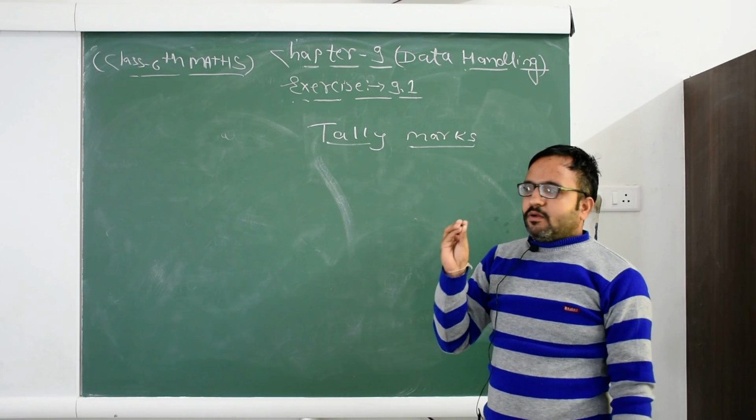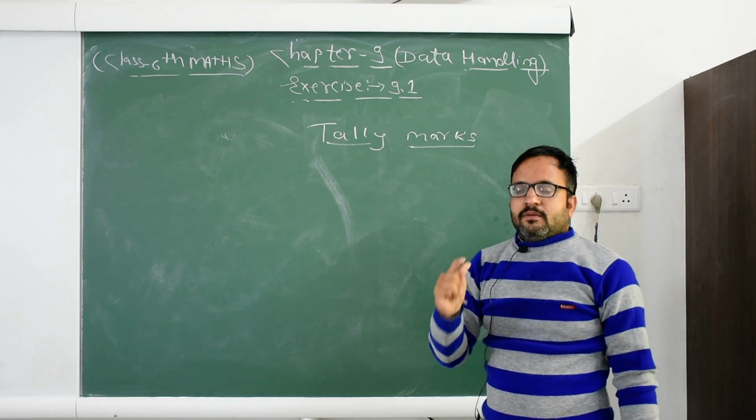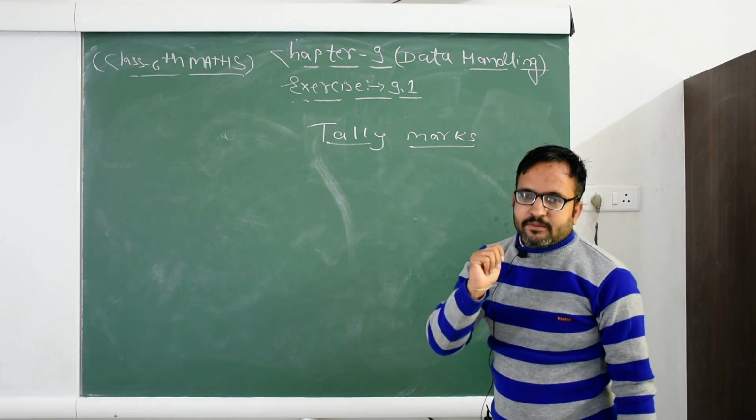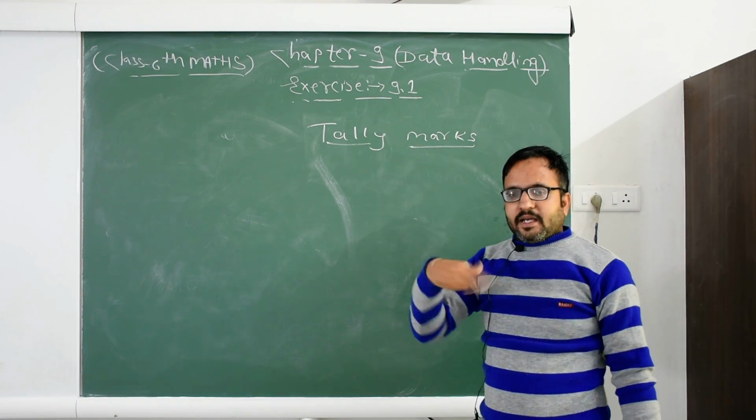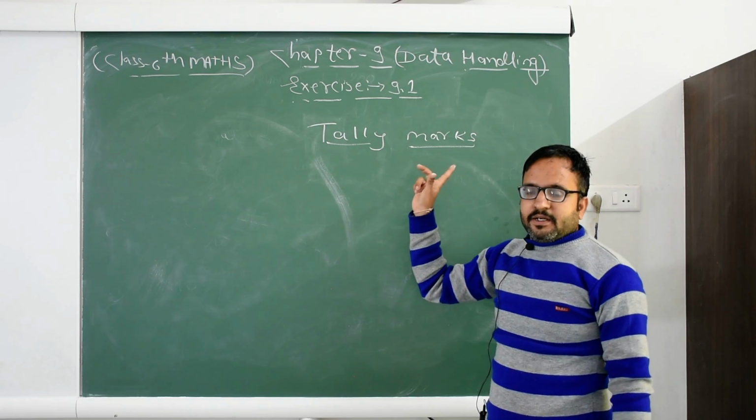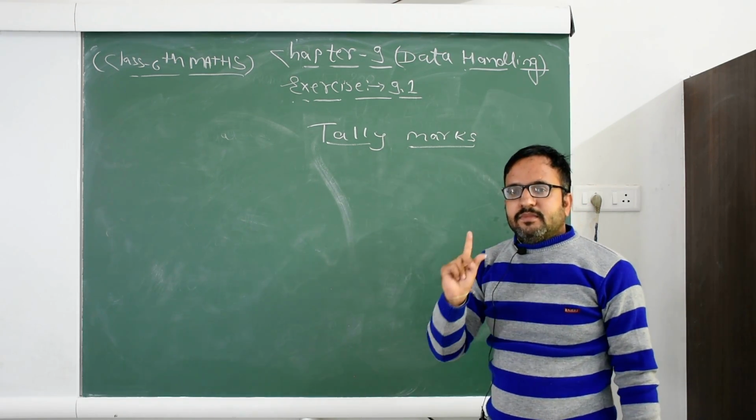Roman numeral is also a method of representing any type of number. Like this, telemarks is again a method of representing your numbers, okay.